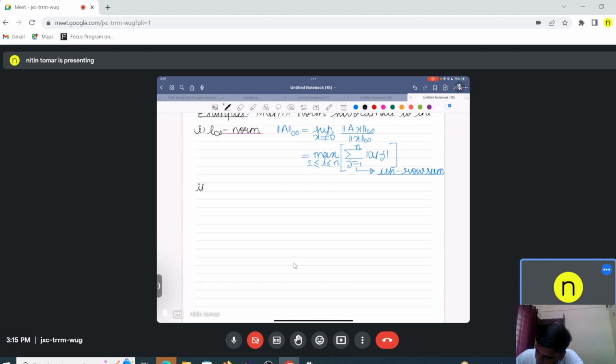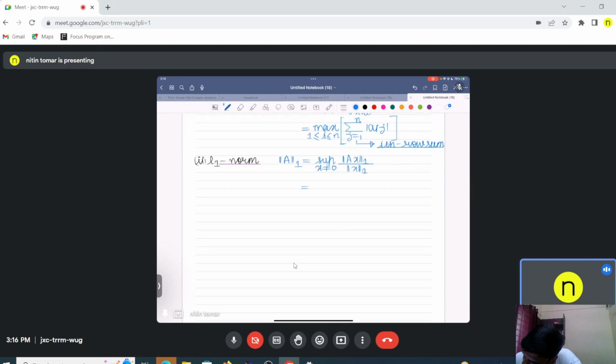Second is the L1 norm, and by definition it should be the L1 norm of Ax quotiented by the L1 norm of x, with x not equal to 0, and we saw in the last discussion that for the L infinity norm we need to take the maximum over the row sum.